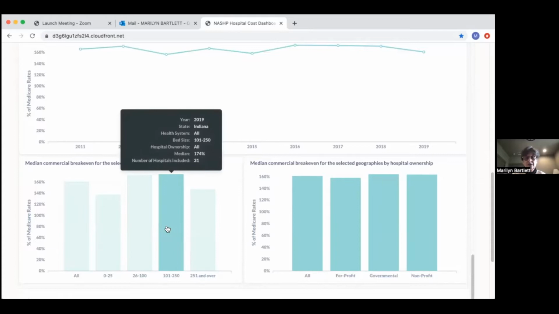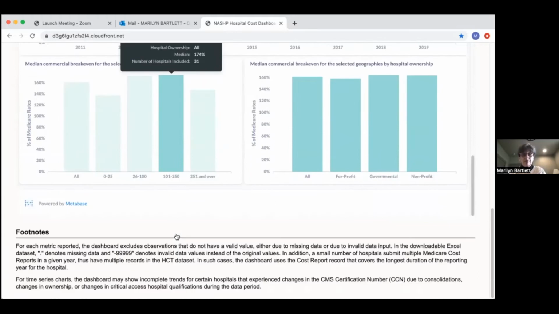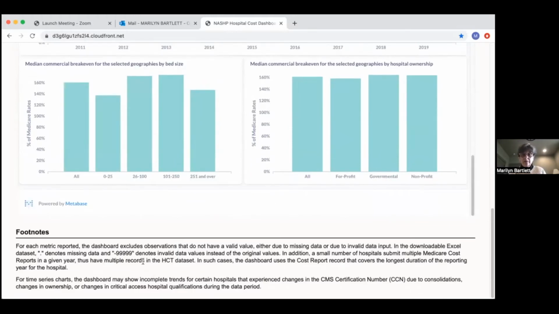Slightly higher for these two categories too. Break even is an interesting measure because when you dig in deeper, you do some analysis, you can also see that it might in some ways help you look towards efficiency, how well the hospital can perform at that level of reimbursement. Down here are the footnotes, which are on every page, and they will explain in the downloadable data.